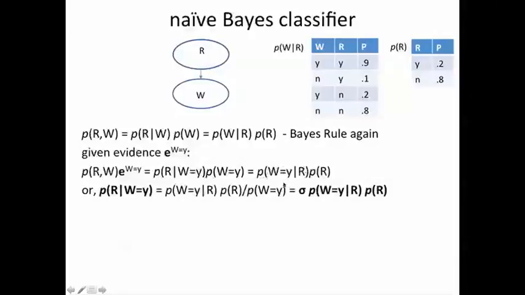This element, probability of R given W equal to yes, can now be written as the right hand side here divided by the probability of the evidence. The inverse of probability W equal to yes, we'll just write it as sigma.